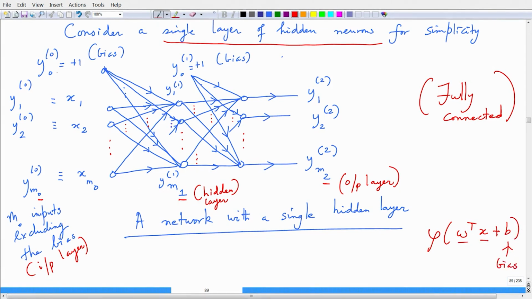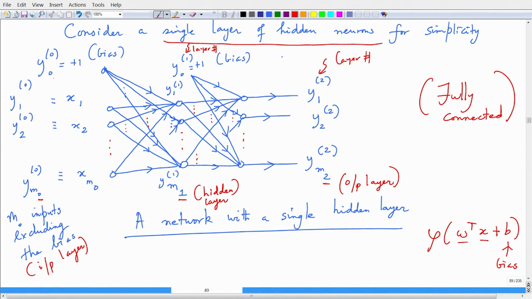In order to bring in this bias, we have to introduce it in the input layer as well as in the hidden layer, and we will call this y0 of 0 and here it is y0 of 1. Again the 1 within this brace indicates the layer. This is very important in terms of convention, and 0 is just the coordinate.